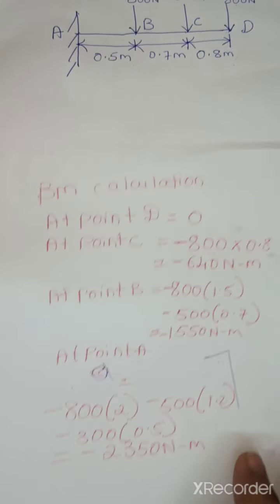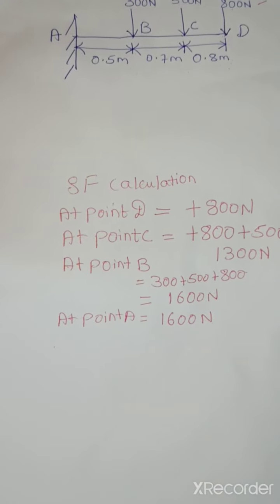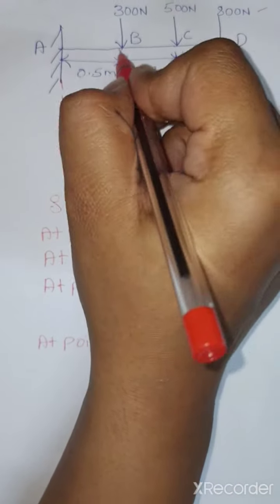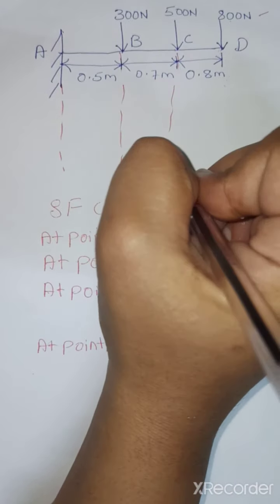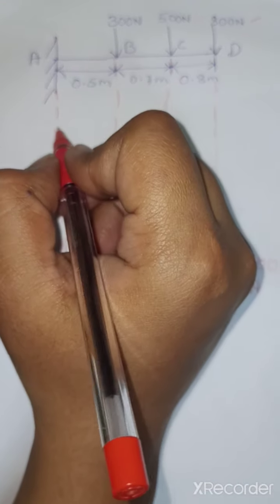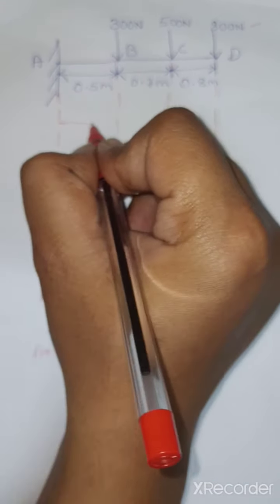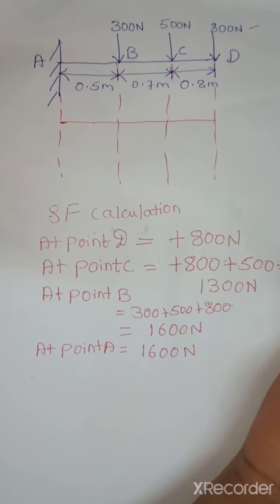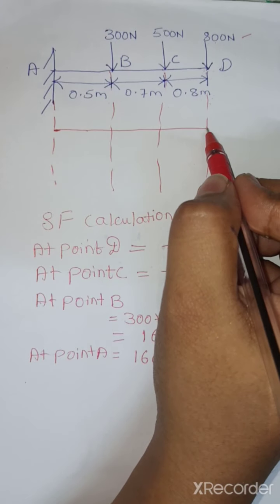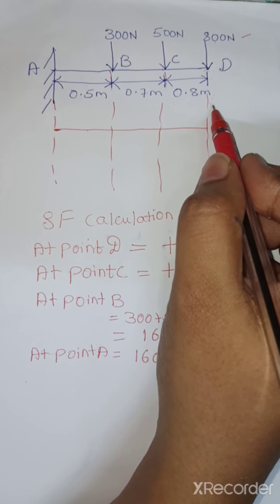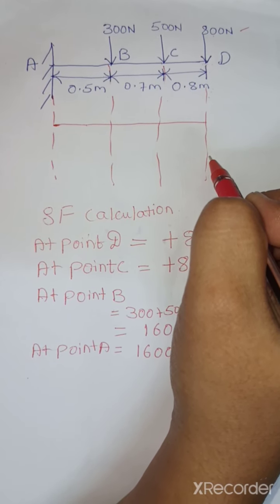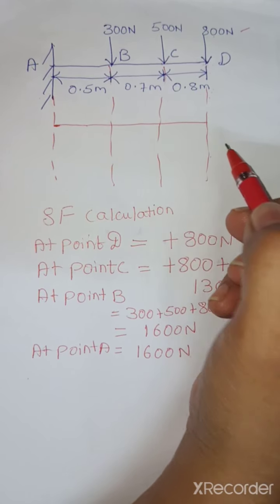So now drawing the shear force and bending moment diagram. Coming on to the shear force drawing, first we are supposed to project the points. Then after projecting the points, we are supposed to draw the baseline like this. This is the baseline wherein the points which are of positive value will be plotted above the baseline, and the points which are of negative variation will be plotted below the baseline.